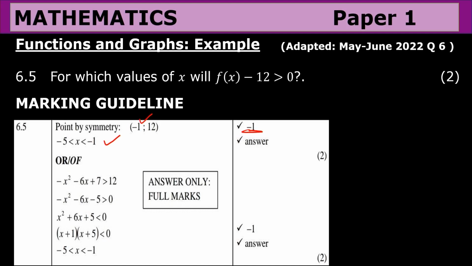Of course, there is a different way of calculating this, but as long as you have the -1 there and the full answer there, you are going to get all those marks. Again, answer only would be full marks. Let's move on to our next question, which is our finance question.